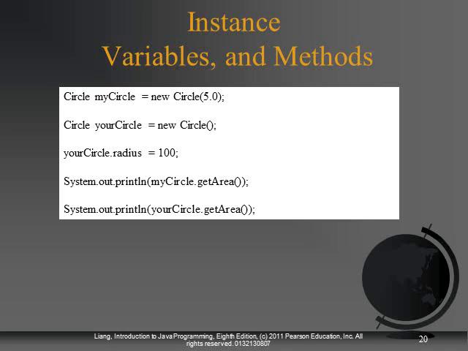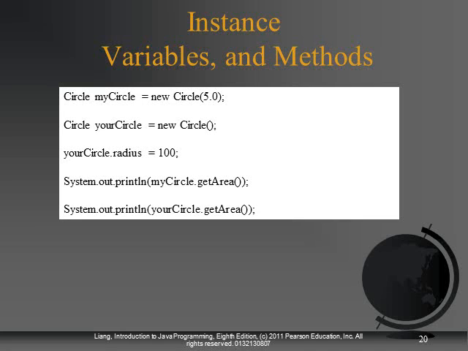So when we instantiate myCircle, we create an instance of a Circle class named myCircle, and the variable radius that belongs to that instance has a specific value.